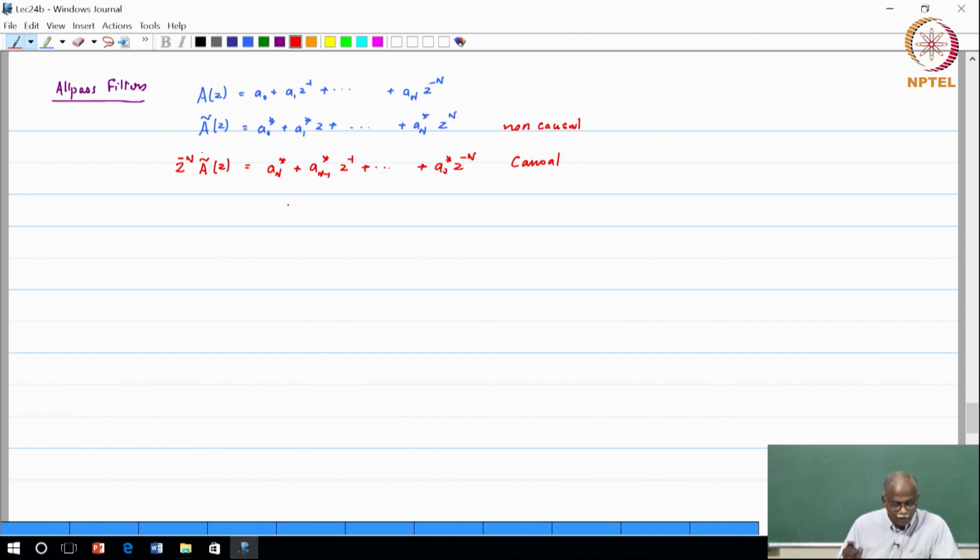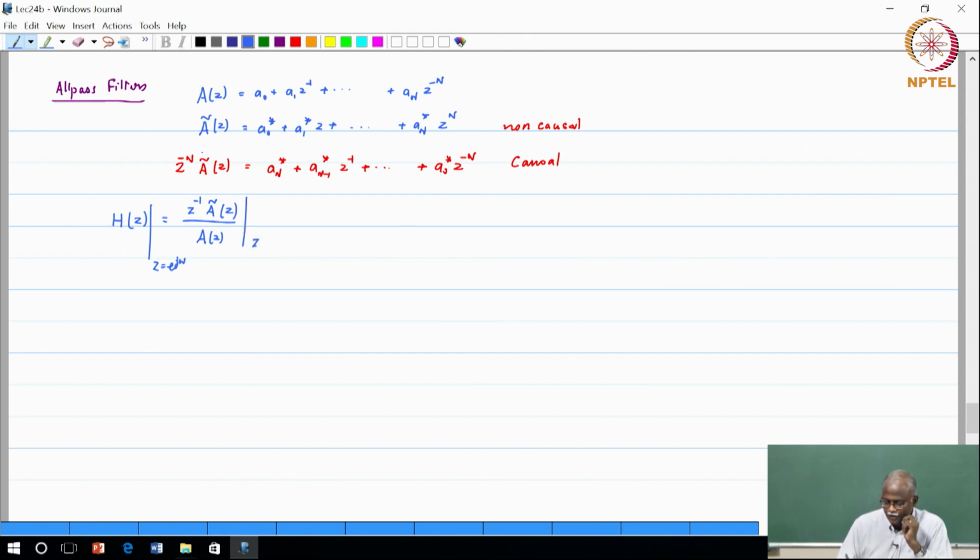Okay. Now, here is the key result. Now, if I tell you, please look at a transfer function which is of the following form: z inverse A tilde of z divided by A of z, okay, and evaluated on the unit circle, z is equal to e^{jω}.